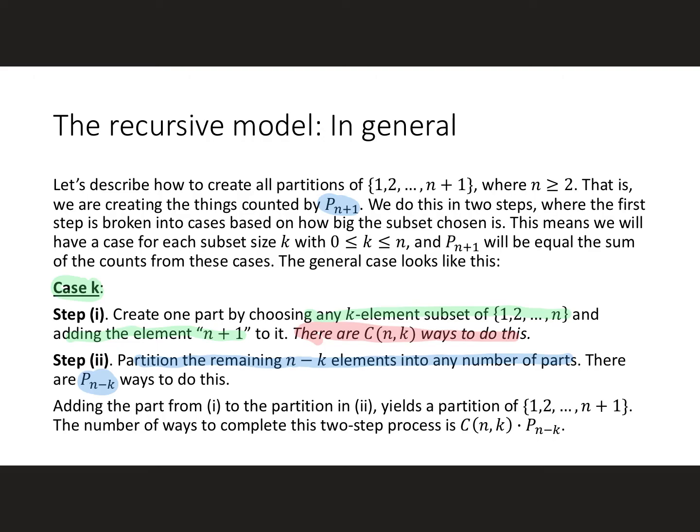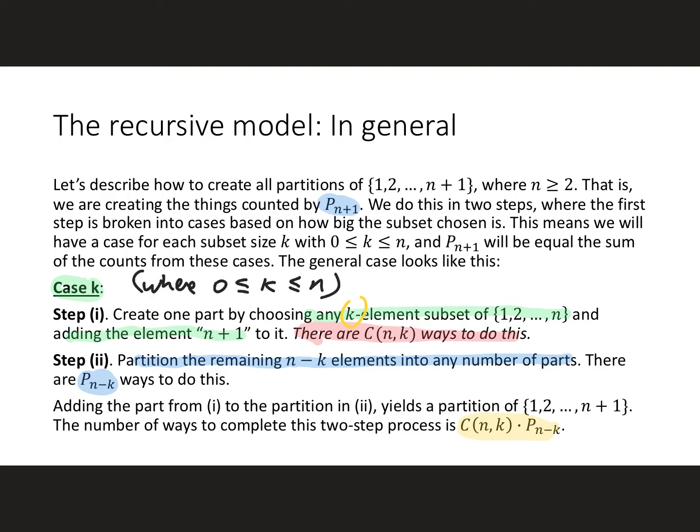So if I multiply those 2 things together, that's the number of ways that I can form a partition in case k. k is the number of choices that I have for this set, and so that means that k can be as small as 0, because you can pick a 0-element subset to start with, or k can be as large as n. You can pick an n-element subset to start with.